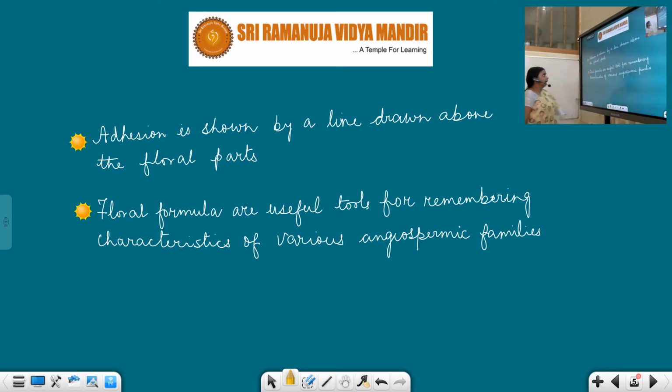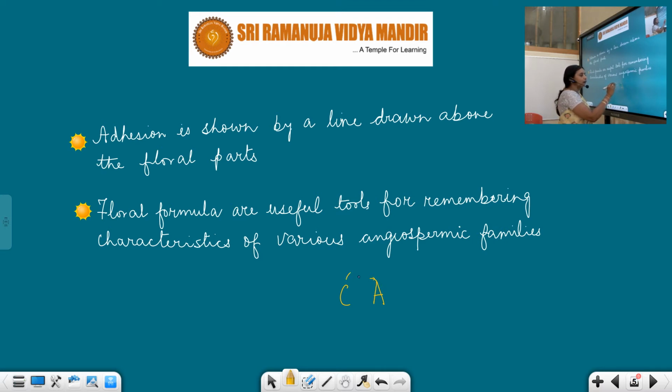Next, adhesion is shown by a line drawn above the floral parts. If the androecium is attached with its own part, that means filaments or anthers are attached, it is called cohesion of stamens. But if it is attached with another floral part, then it is called adhesion.